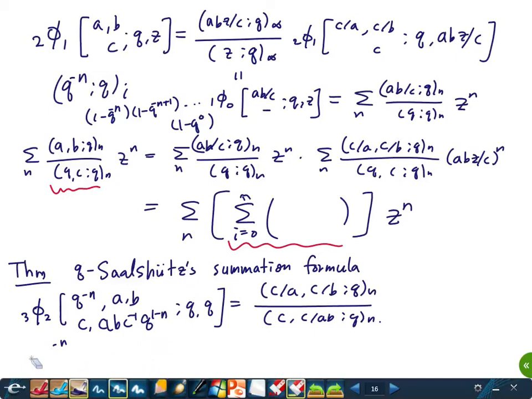So sometimes if you have a 3 phi 2, and it is of this form, then you can rewrite it as a product. And this is just the Saalschütz summation. This is obtained from this.